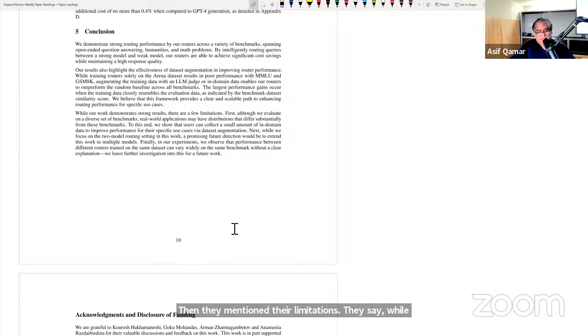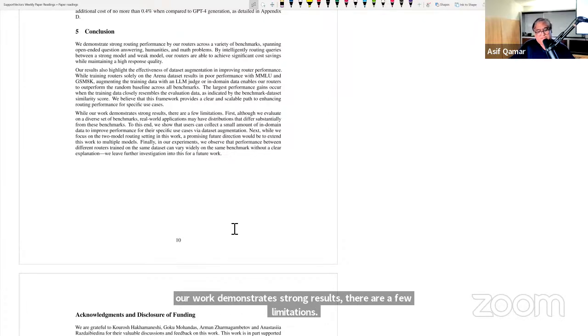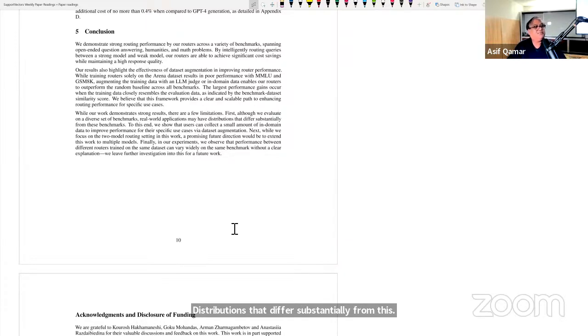First, although we evaluate on a diverse set of benchmarks, real-world applications may have distributions that differ substantially from these benchmarks. See, that is real. All they have proven is at least for this data set, if you train on these benchmarks, this router works. They acknowledge the fact that if you have a substantially different data distribution in a real-life situation, this router may not work. And that is nice.